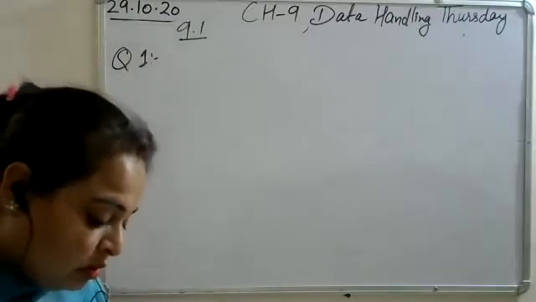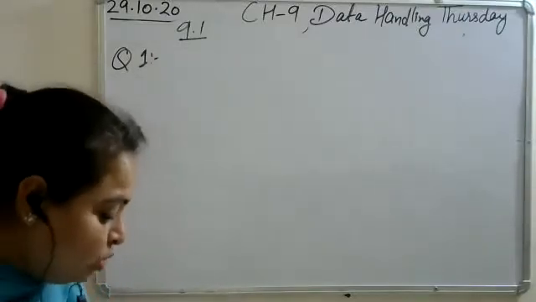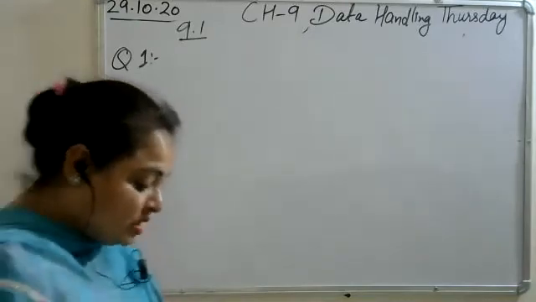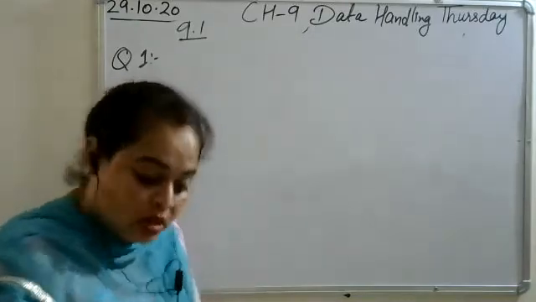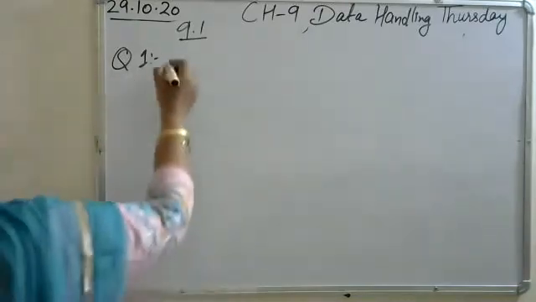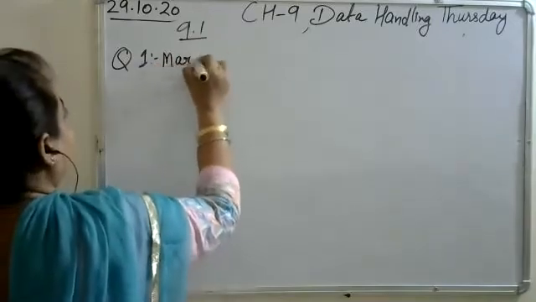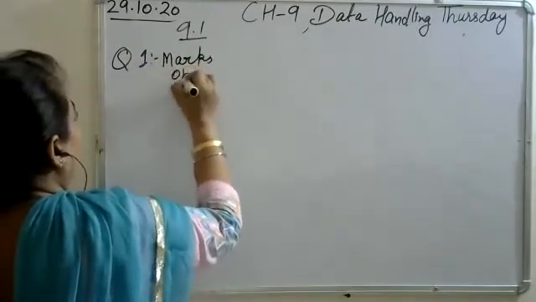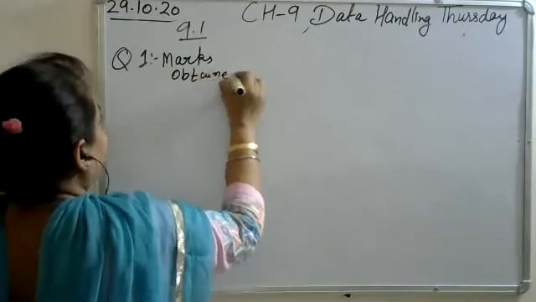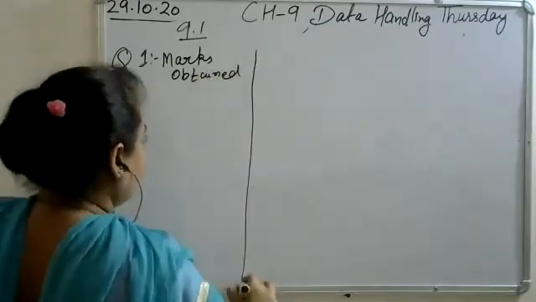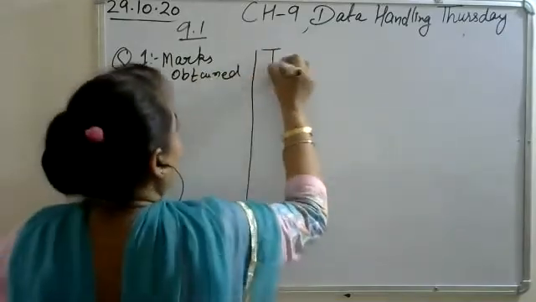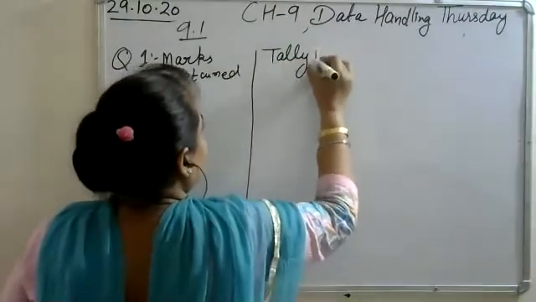So, first of all, as the question is based on marks, here you will write marks obtained. Then in the second column, you will write tally marks.